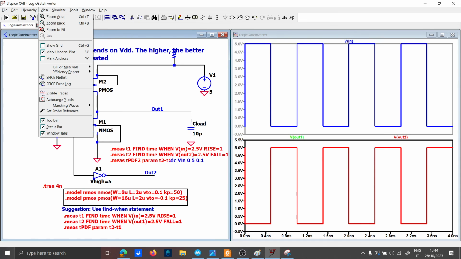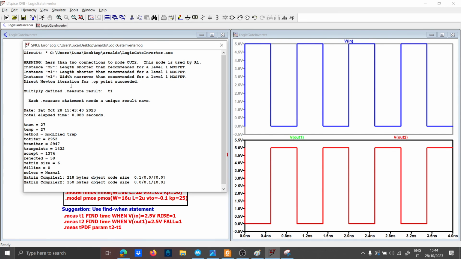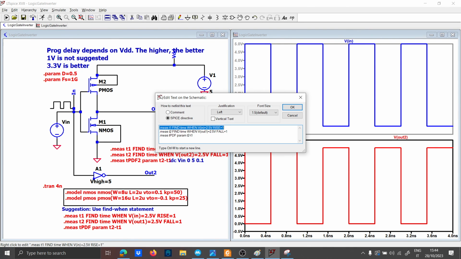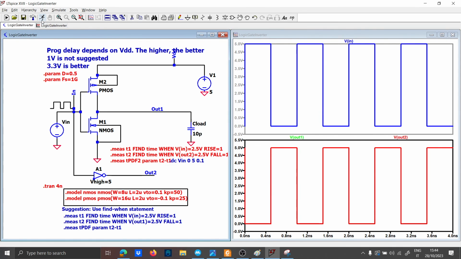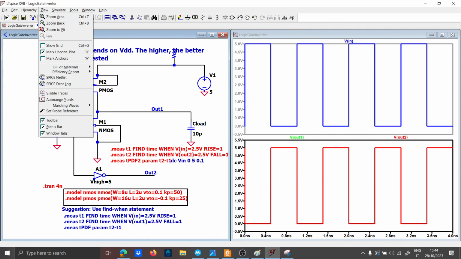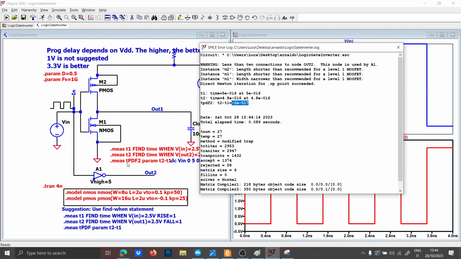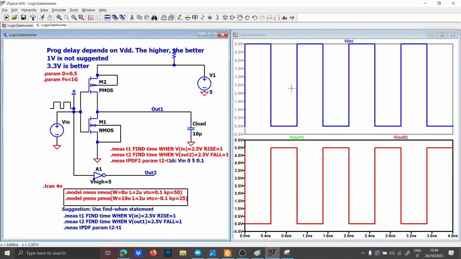Let me see the error log. So I probably have to comment this. As you can see, the propagation delay of an LTSPICE inverter is way less than your handmade inverter. Well, I think that I can close the lesson here.